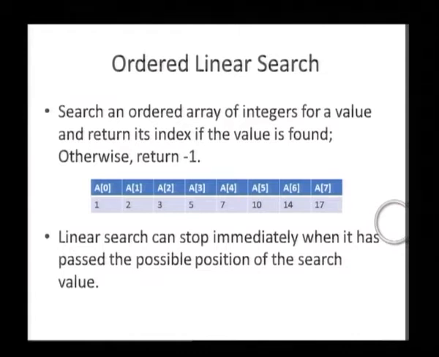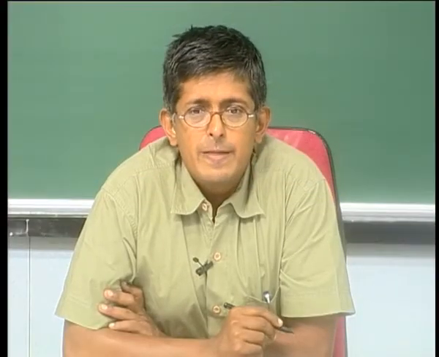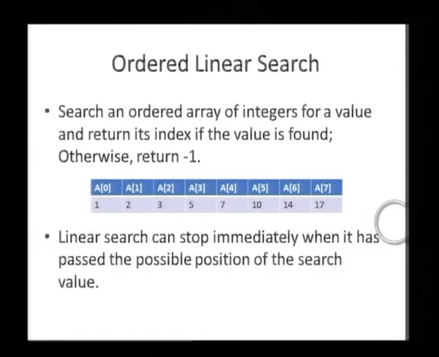For example, if you see the slide, if the queried value is the value 8, then one can perform a linear search up to the value 10, which is found in the location indexed by the number 5, that is the element A of 5 in this array A, and we find that 10 is larger than the queried value 8, and we already know that the array is sorted in ascending order.